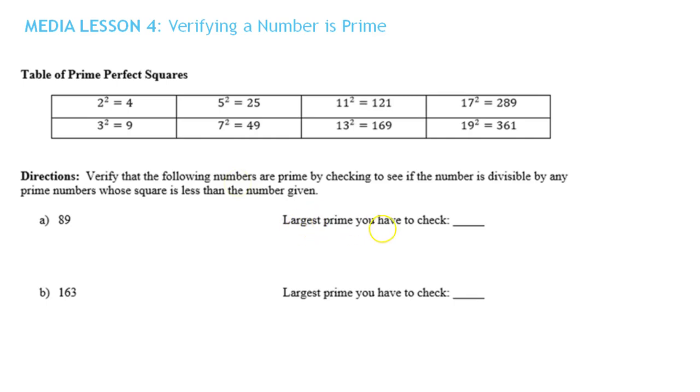So first, let's find the largest prime that we have to check. Our number is 89, and looking in this chart, 89 is between 49 and 121, and we have to look at the smaller one.